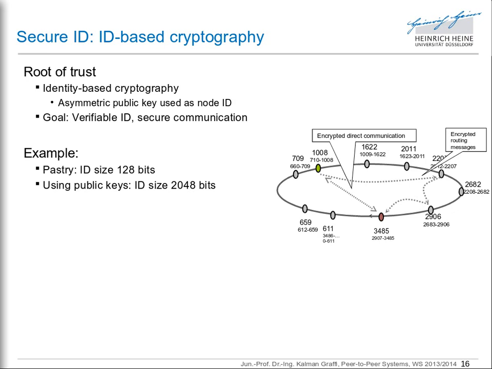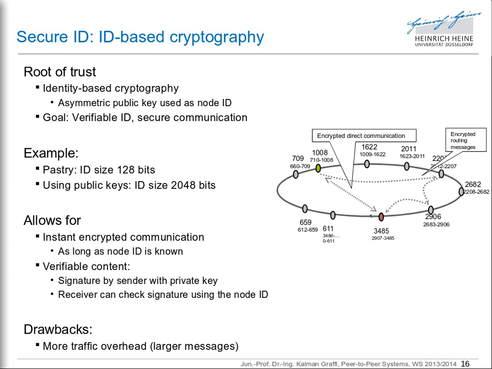Also, we can use a signature here, so we can verify it. This allows for instant encrypted communication and verifiable content with a signature, which the sender appends to the message, and the receiver can check this signature using this node ID.